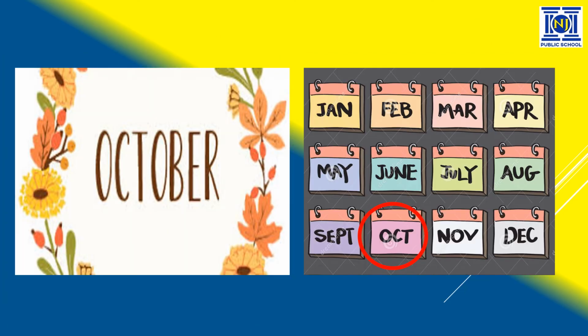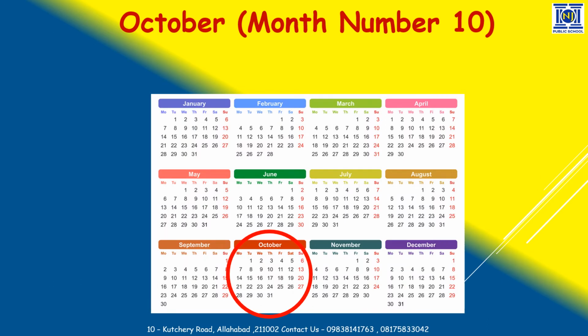Next month is the month of October. The month number of October is 10. Children, can you see the date over here I have written? It is 3/10/2020. So how will you read this date?